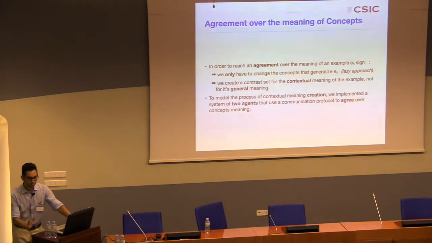For example, the first thing is that in each agent, the constraint on the contrast set is that you don't have overlapping within one agent. But if there are two contrast sets in different agents, they can overlap.